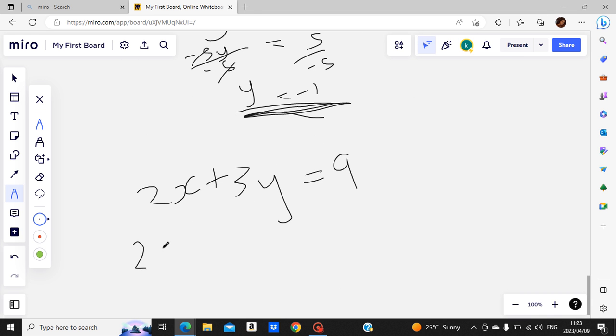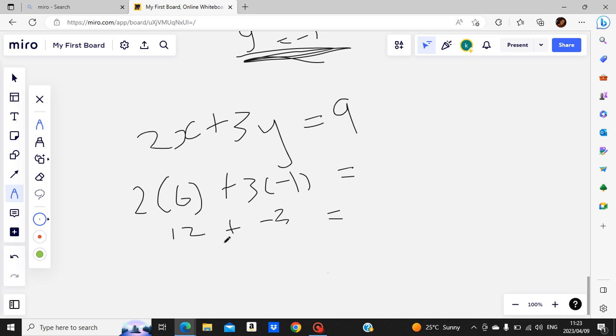So meaning 2 times 6 plus 3 times minus 1 should give us a 9. Let's see if it's going to give us a 9. What is 2 times 6? It's 12. Plus, what is 3 times minus 1? It's minus 3, so what is 12 minus 3? Equals 9. So we know that our answer is correct.